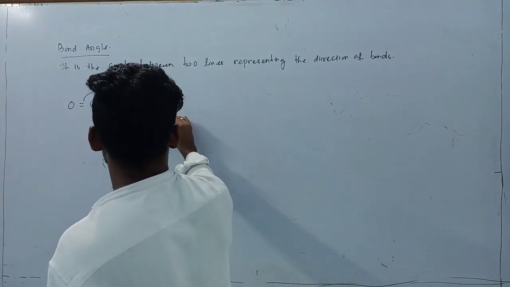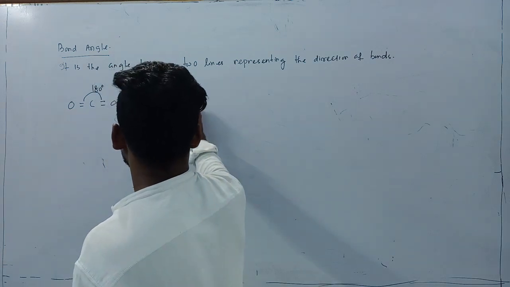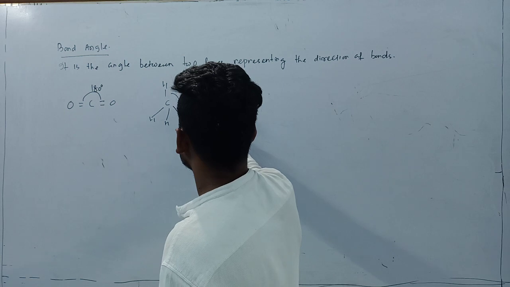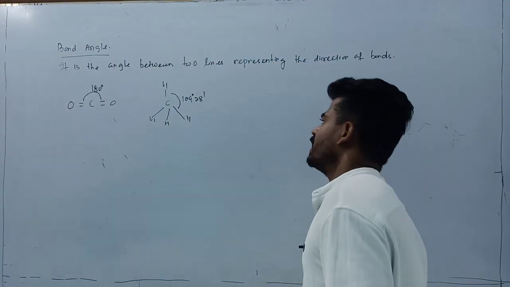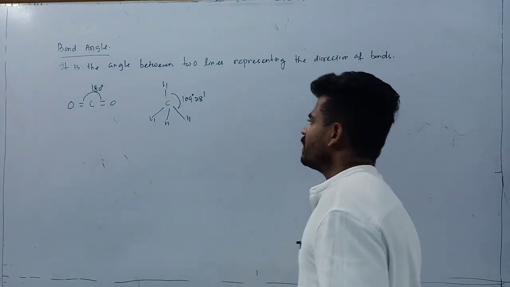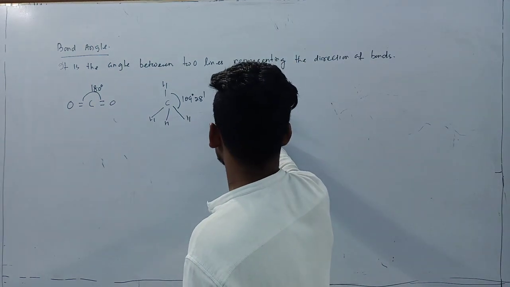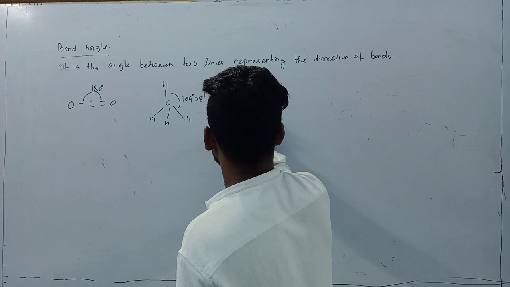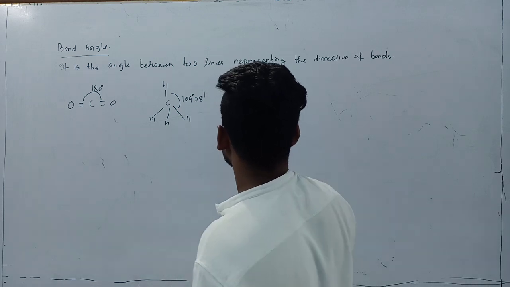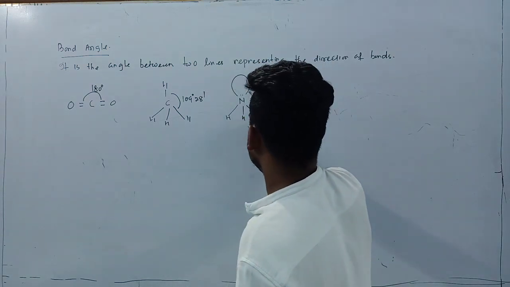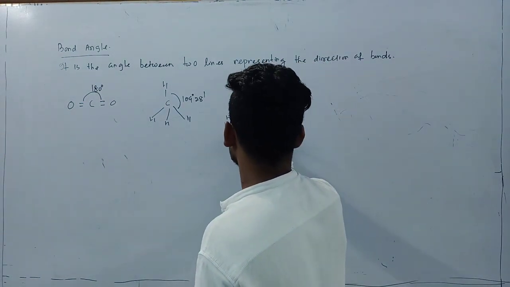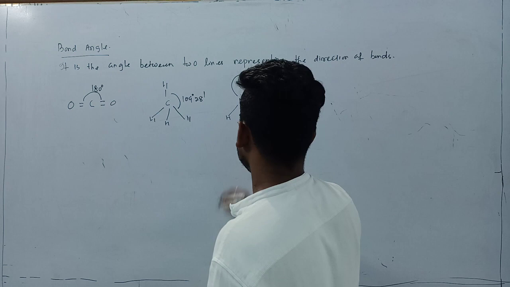Next, methane, CH4 molecule. Here the bond angle is 109 degree 28 minute. Next, suppose I am considering ammonia. I have told you it has a lone pair and its shape is pyramidal. So here the H-N-H bond angle is 107 degree.